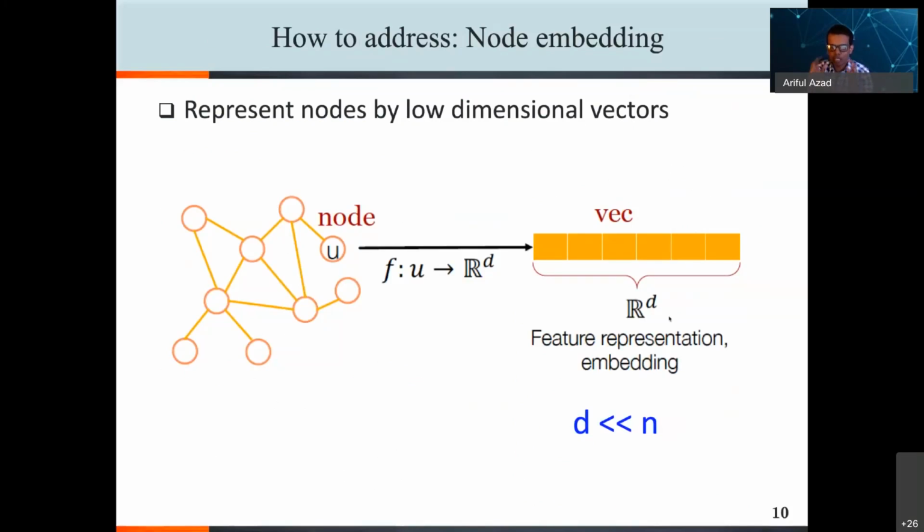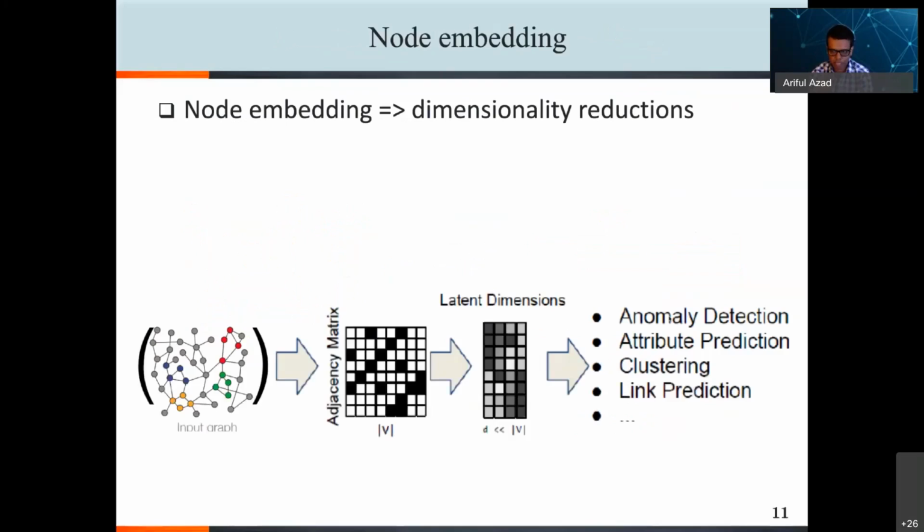We'd like to reduce the dimensionality of the graph. The graph is represented by an n by n matrix, where n is the number of vertices. After we embed the graph into D dimensional space, we'll get an n by D matrix. And that is a latent space, but we're reducing the dimensionality significantly. This is called graph embedding.